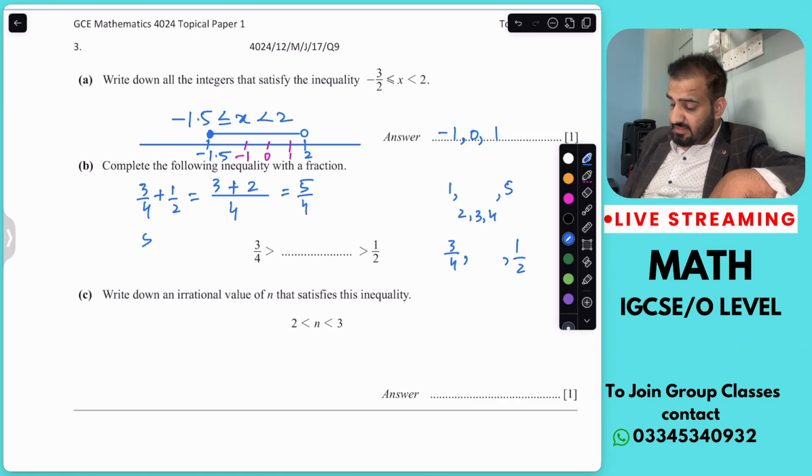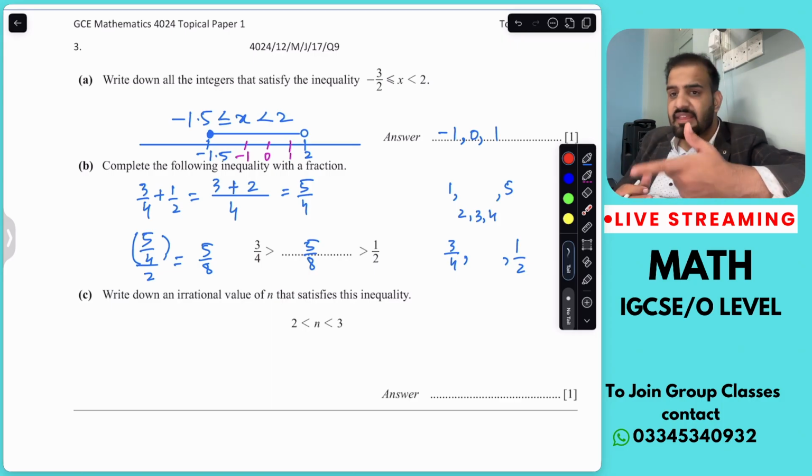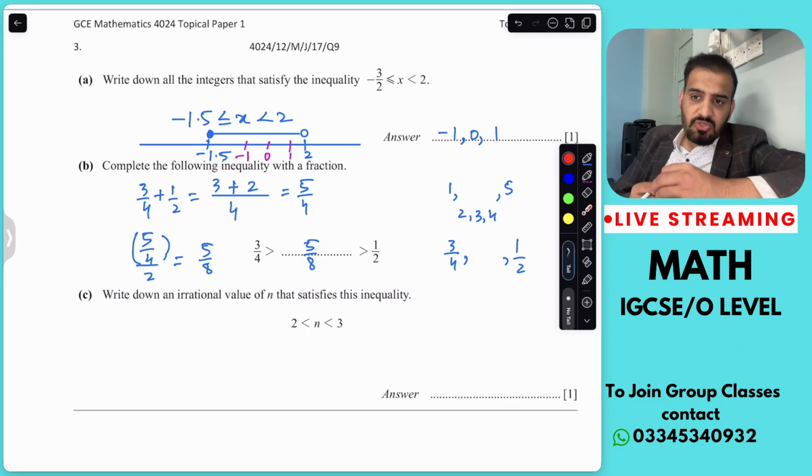So next, divide this number by 2, you will get 5/8. So this number 5/8 definitely lies between these two numbers. तो अगर आपसे कहा जाए कि write some number between two numbers, so simply take their average. Average means add those two numbers and then divide it by 2. You will get your answer.